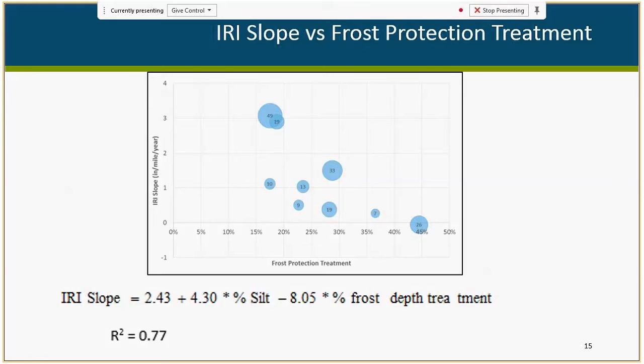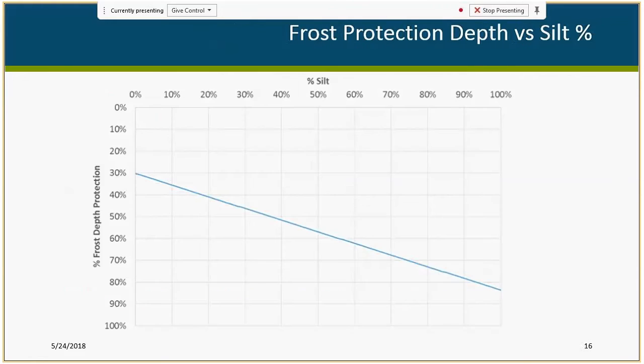If you set that formula to 0, you can get the following relationship, which is just your frost protection depth against your silt percentage. That will tell you how much you need to replace in your calculated frost depth.